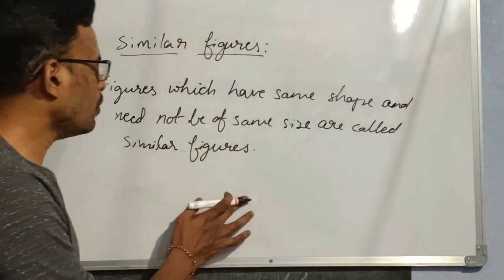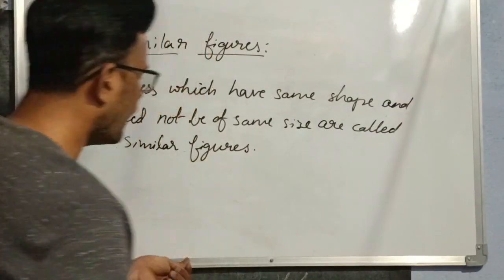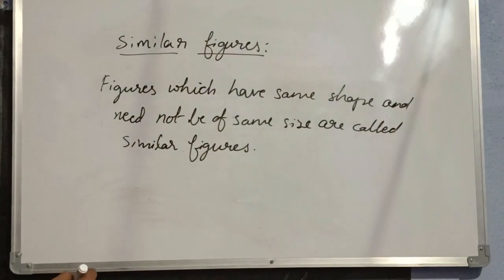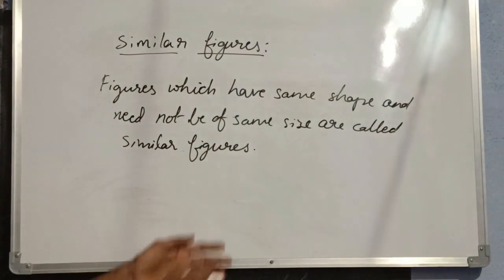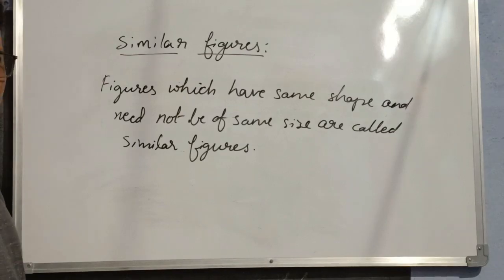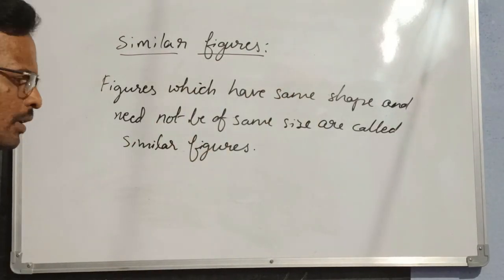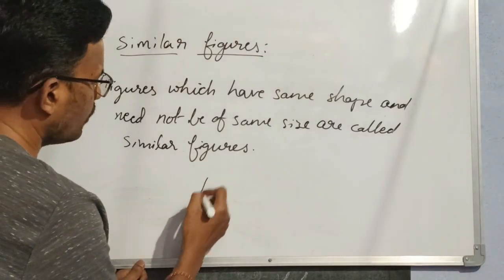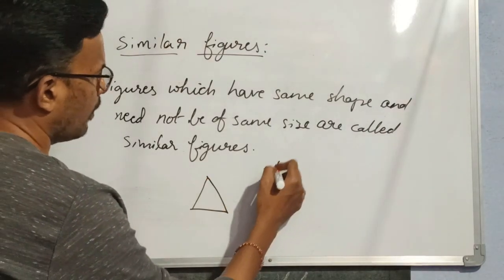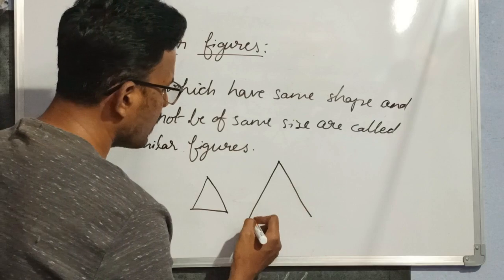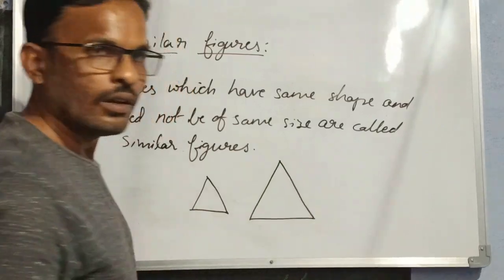Now, as I have said, one palm tree and also one coconut tree. Anyhow both are trees, but they are not of the same size. Correct? Such figures are called similar figures. So now I am taking two triangles. One is a smaller triangle, the other one is a bigger triangle.